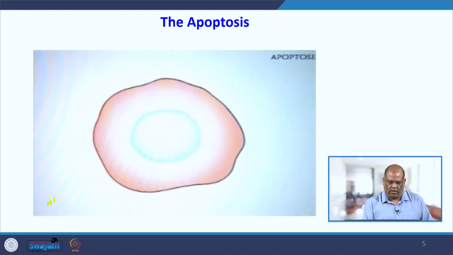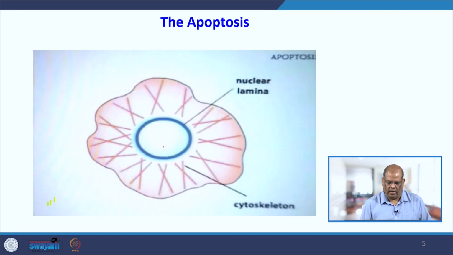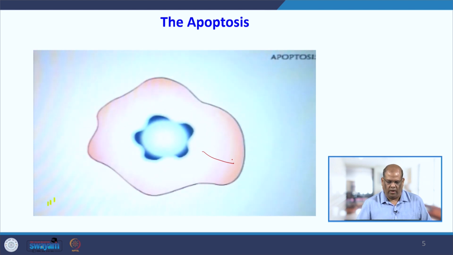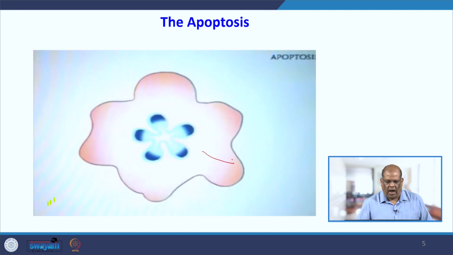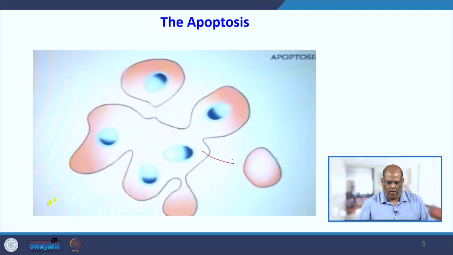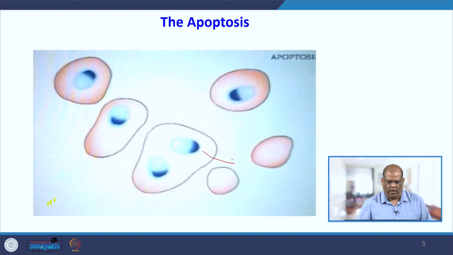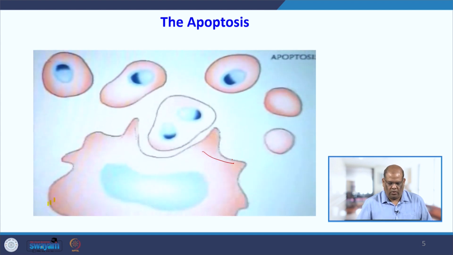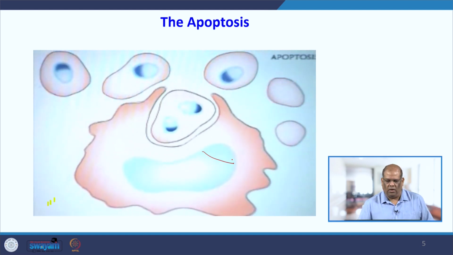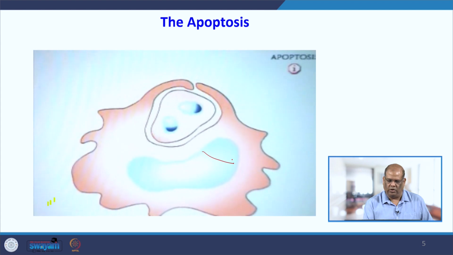You see that this is the nucleus, and this is the cytoskeleton, which will be destroyed, and this nucleus is going to split up into smaller nuclei, that means they will be degraded, and the cell will be split up into smaller cells, and they will be eaten up by the neighboring cells, which are known as phagocytic cells. So, this is how the cells get destroyed.